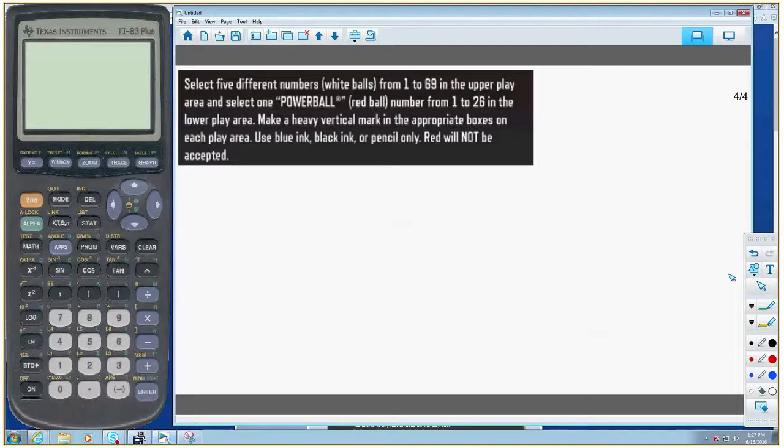So in this case, you would have 1 over 69 combination 5 times 26 combination 1. What's the probability of you getting all 5 and the Powerball? And means multiply. And you're buying 1 ticket.